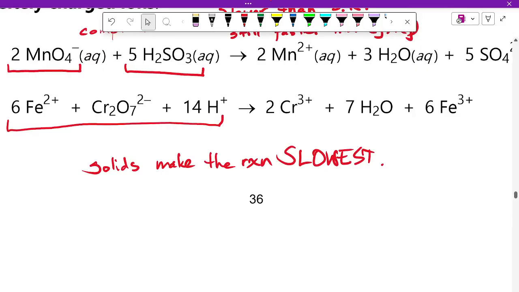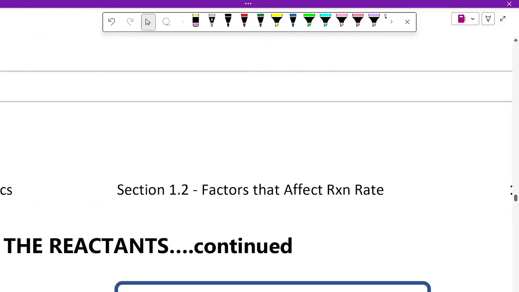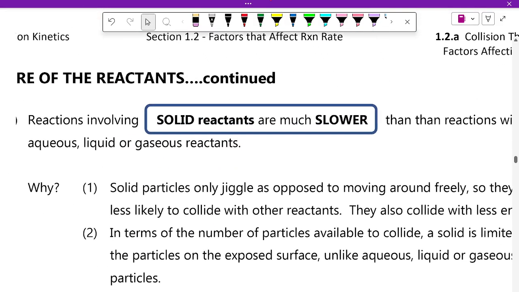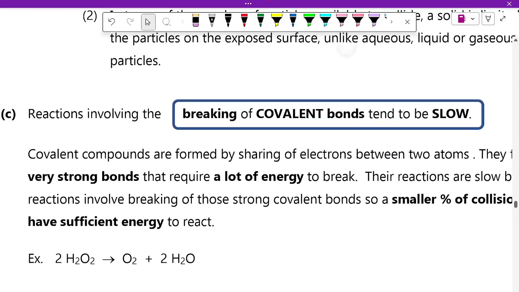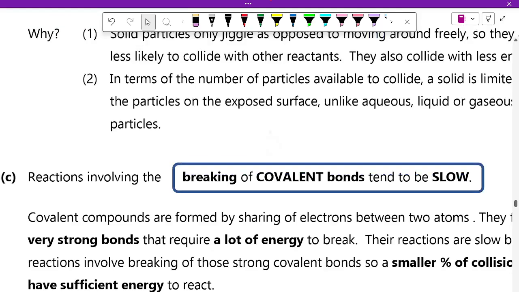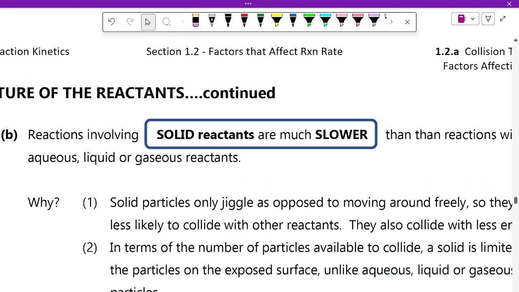Okay? Solid reactants are much slower. Oh, do we have time to talk about covalent bonds? We do. Okay, phew. All right. So solids are slower because they move much slower, and you need a surface. They're slower moving. Less surface.